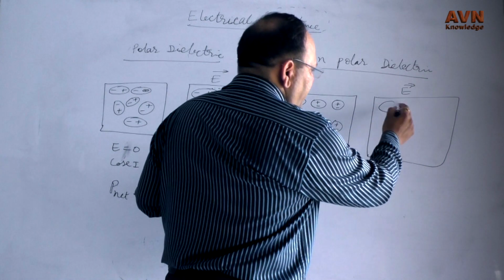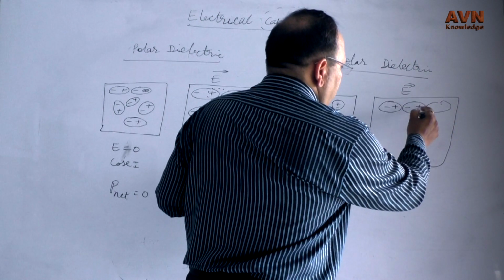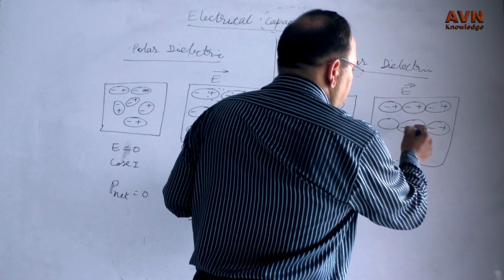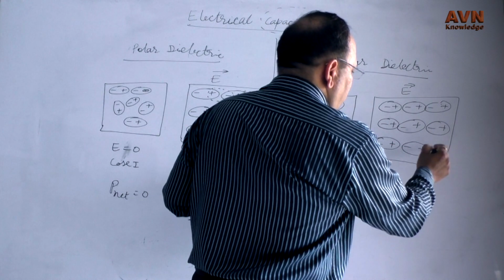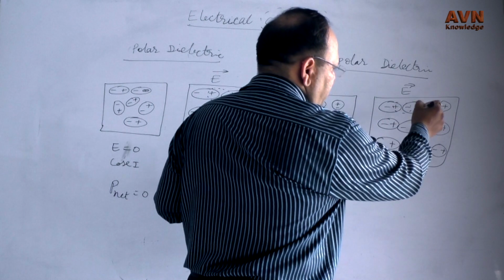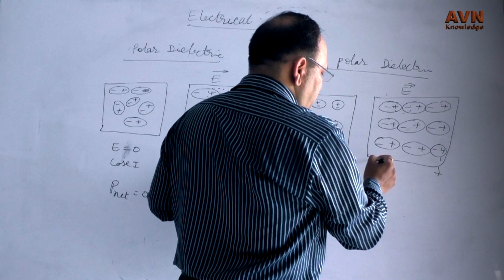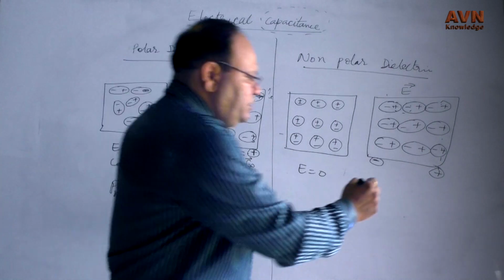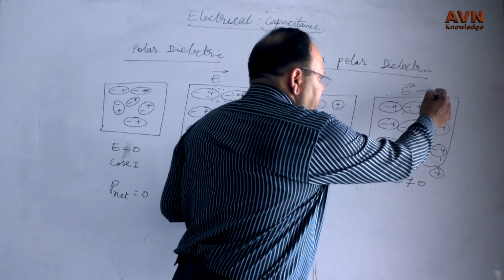When the electric field is applied, they polarize, plus minus, plus minus, like this, and this negative cancels out the positive charge, and here the last positive charge and last negative charge induce the electric field. So this is when E is not equal to 0, meaning the electric field is applied.